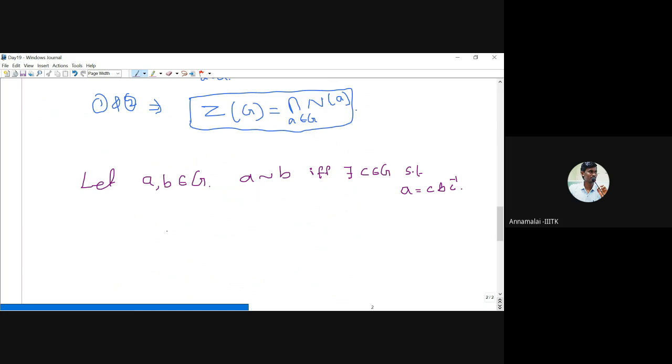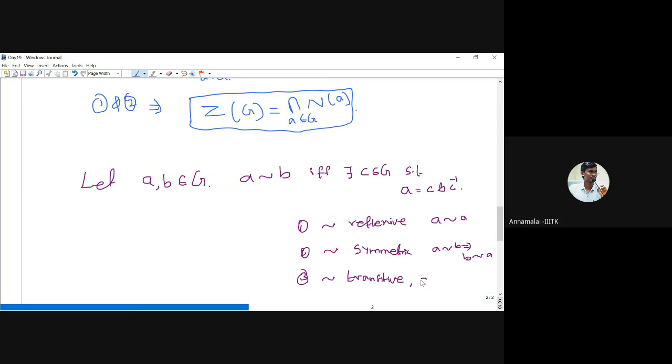Equivalence relation means what? This should be reflexive. Reflexive means A is related to A for any A. Next one is symmetric. Symmetric means A is related to B implies B is related to A. And the third one is transitivity.